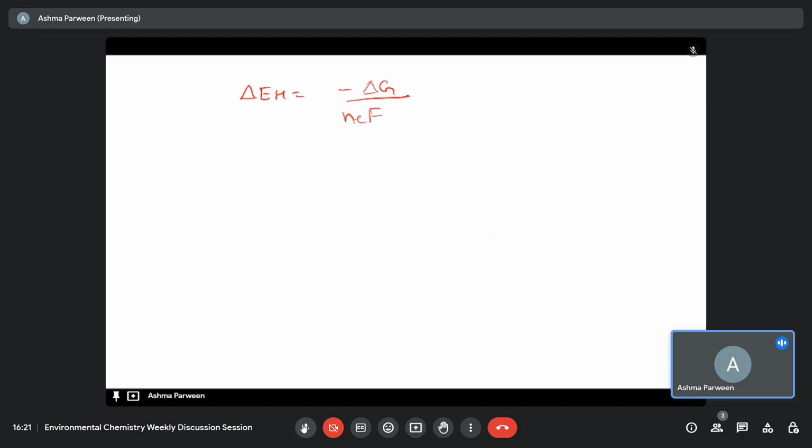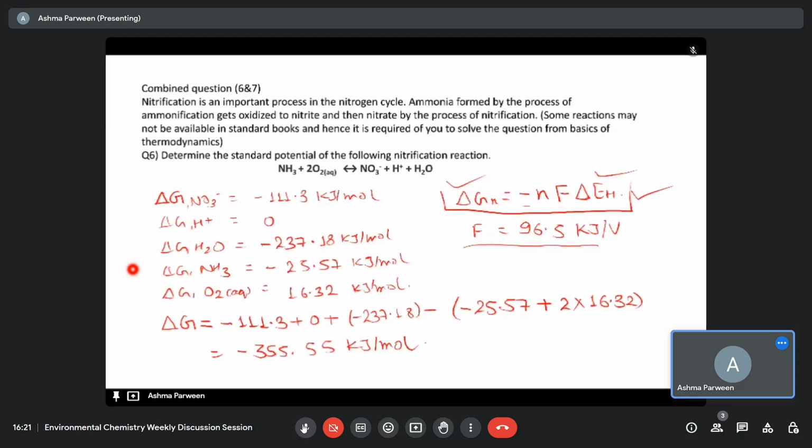So let's go back. Here the number of electrons transferred is not given. So we have to separate this overall reaction into a reduction half cell and an oxidation half cell, and find how many electrons are transferred between these two reactions. So let's do that.